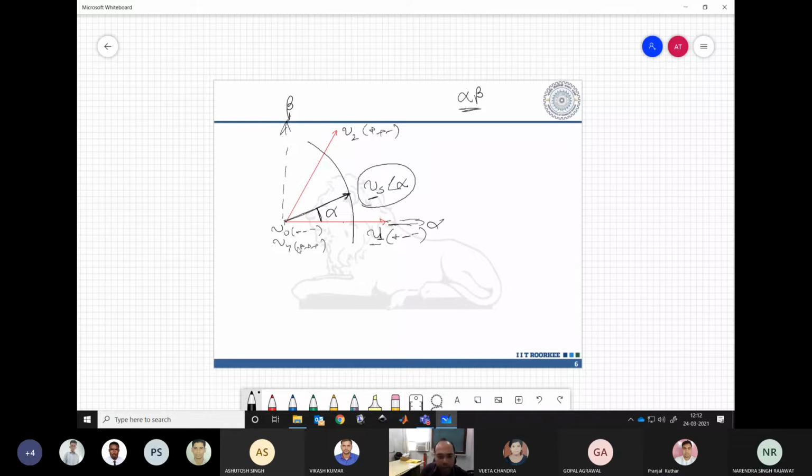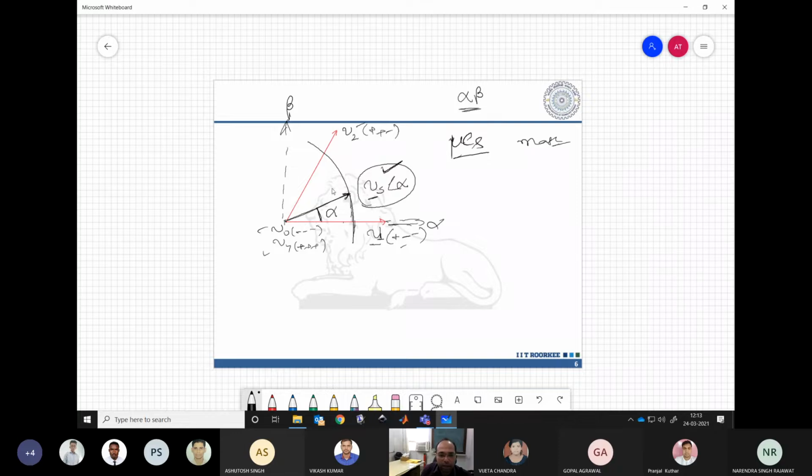Now what we are trying to do, instead of having carrier and then modulating signals, if we directly know this value, the Vs voltage vector and its alpha angle, why not realize it directly through this V1, V2, V0 and V7? Because nowadays we have microcontrollers, so they can do the mathematical computation.